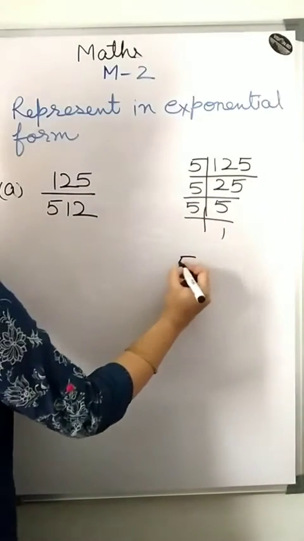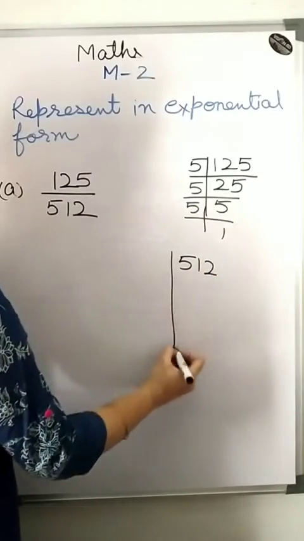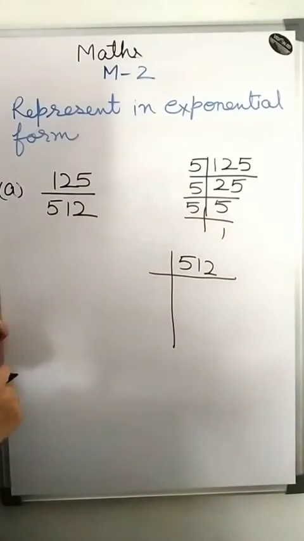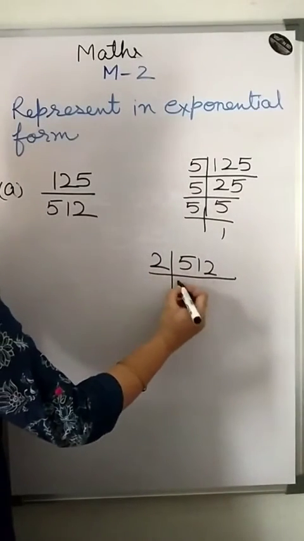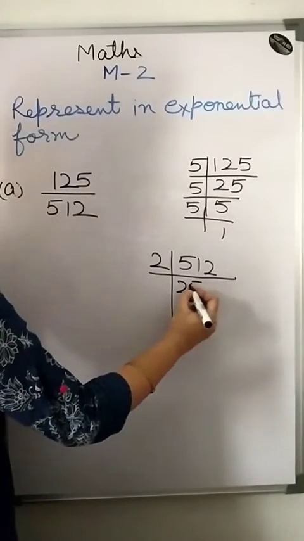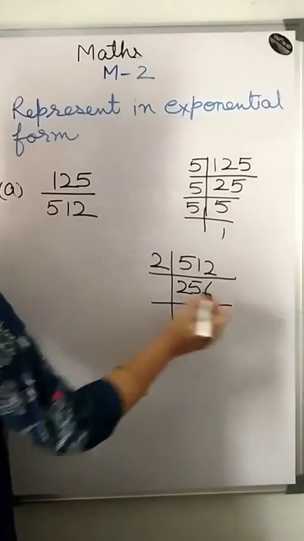Now we calculate the factors of 512. How do we calculate? 512 is divisible by 2, so we divide it by 2. 2 twos are 4, 2 fives are 10, 2 sixes are 12.